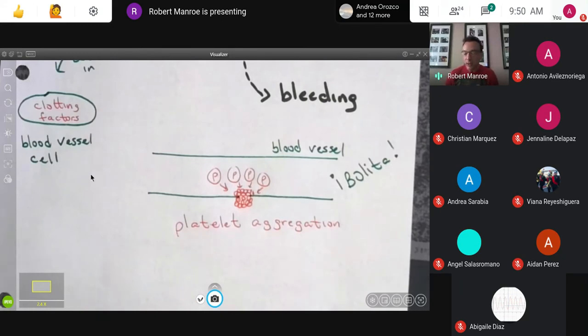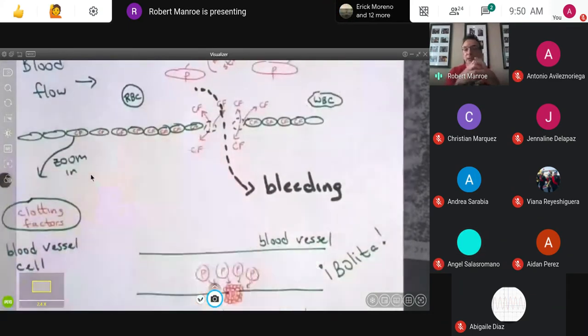Clotting factors are only released when what happens to the blood vessel cells? They release cytoplasm. Yep, and they only release their cytoplasm when there's trauma, right? Whether that's blunt force or a cut or some other damage that causes the blood vessels to rupture, okay?